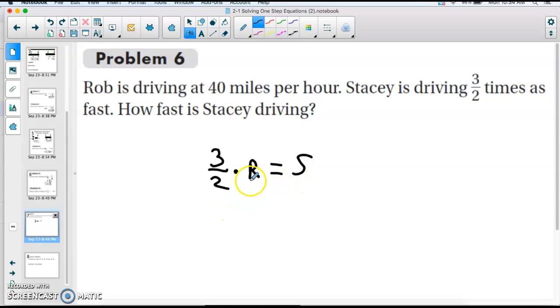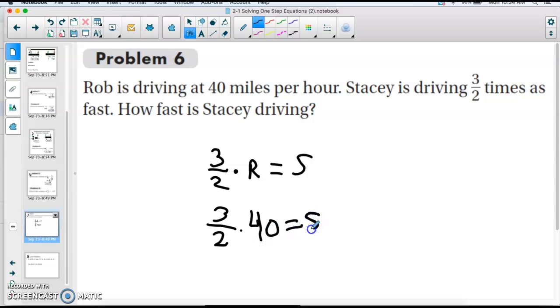Okay, and I know we have two variables here. Don't panic, because we know how fast Rob is going, right? Rob is driving 40 miles per hour. So if we do 3/2 times Rob's speed, that's going to get us Stacy's speed. So we can just plug in the 40 because that's how fast Rob is going. Oops, sorry guys.